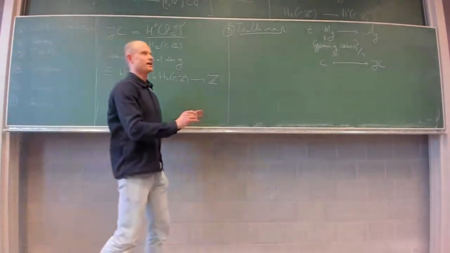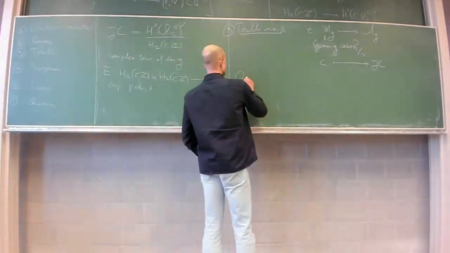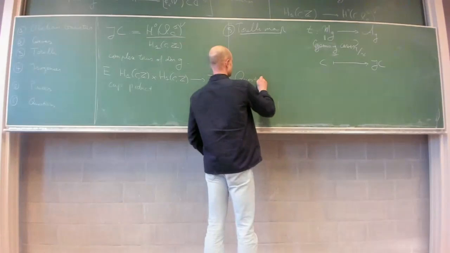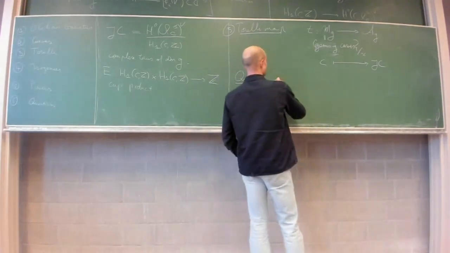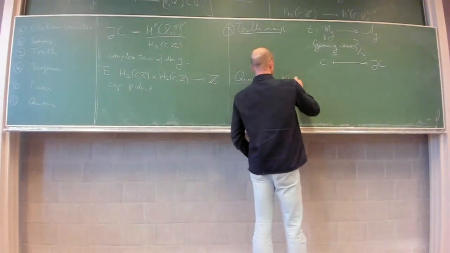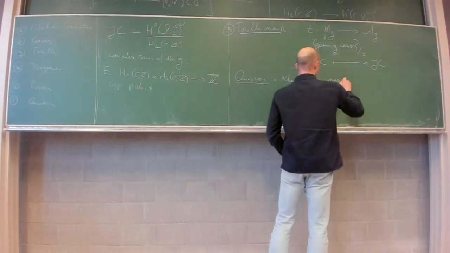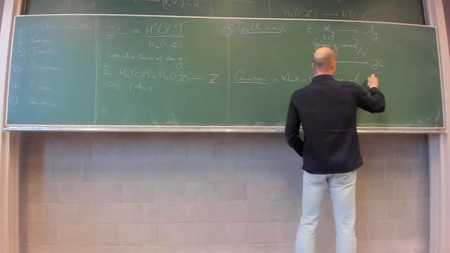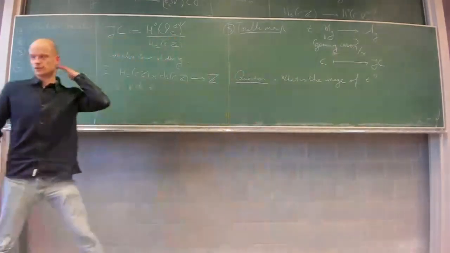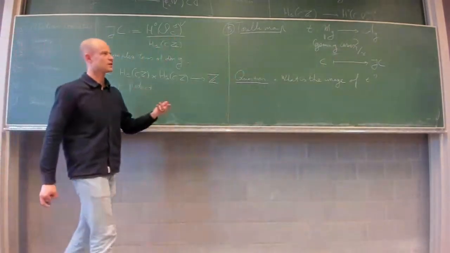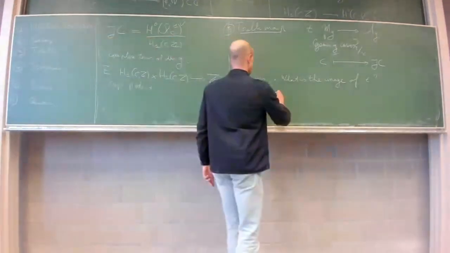Now I finally come to the leading question in this talk. What is the image of the Torelli map? This is a very old problem, known as the Schottky problem, and it's very hard. How can we describe the image?